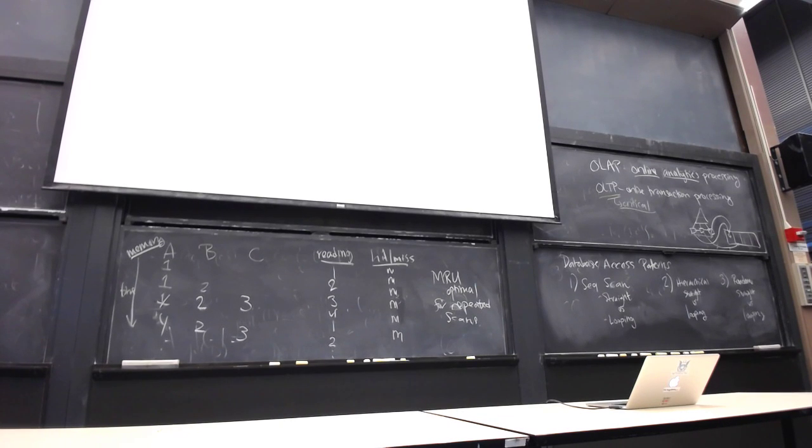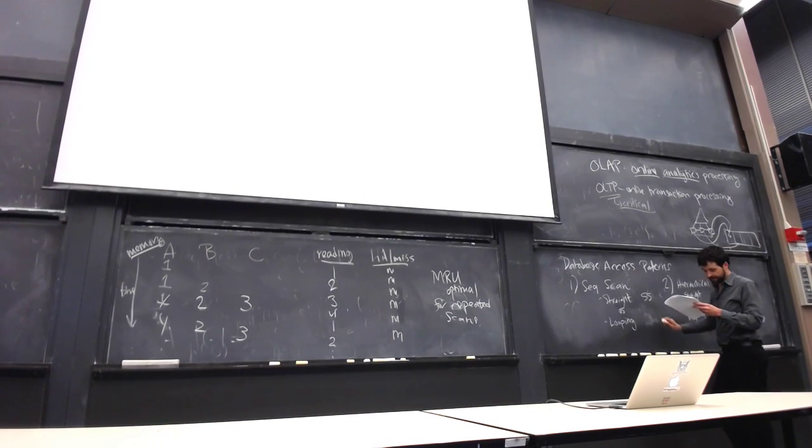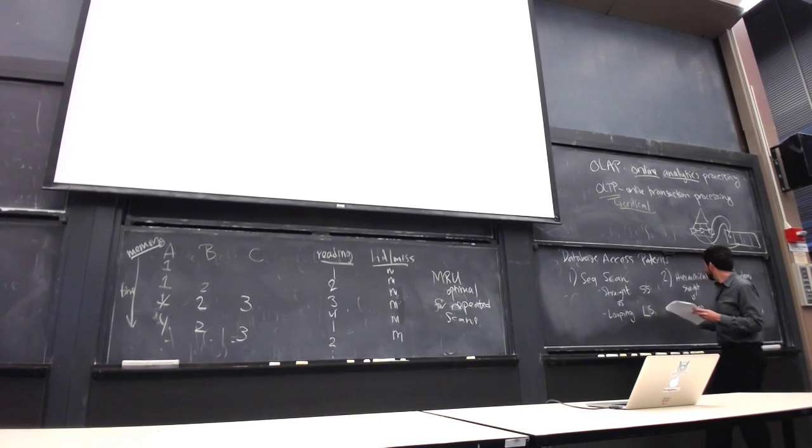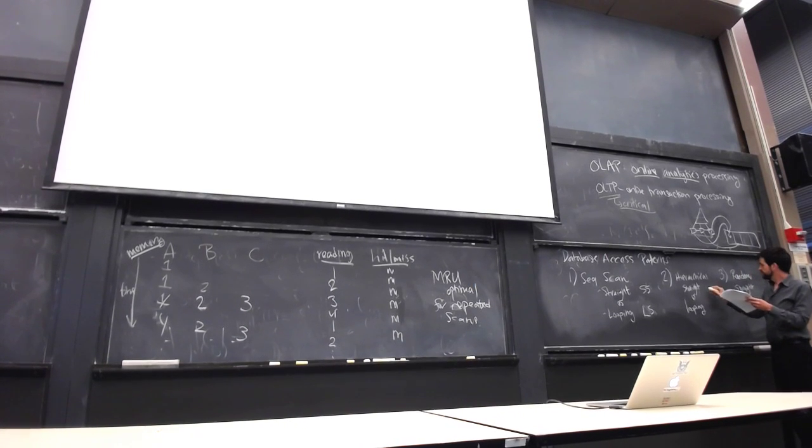Okay, so now let's write out some abbreviations. Let's call sequential scan straight, SS. Let's call this straight looping, SL. Let's call hierarchical SH for straight hierarchical, looping hierarchical, straight random, and looping random.